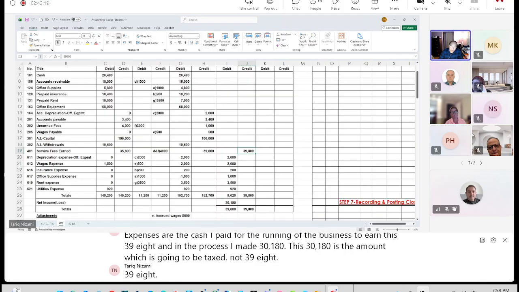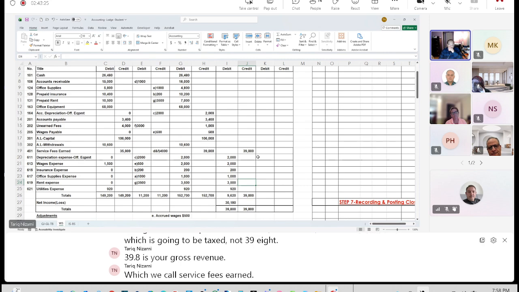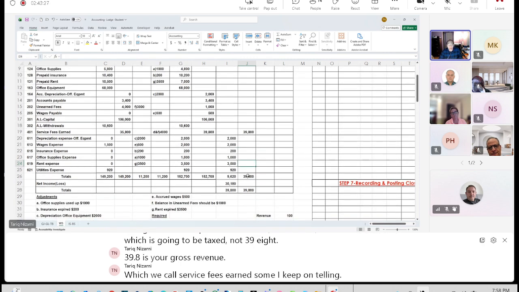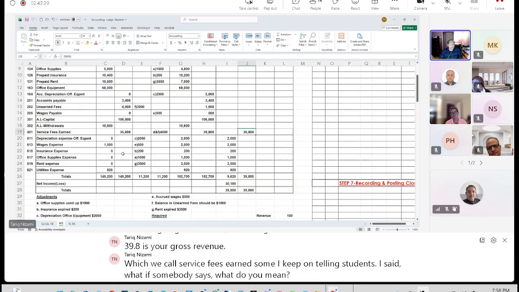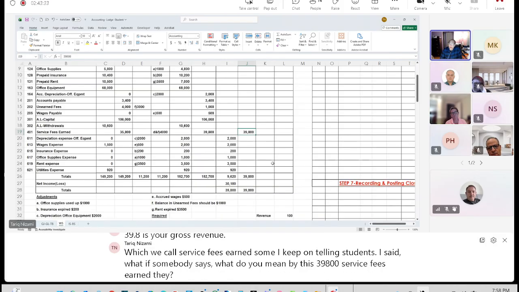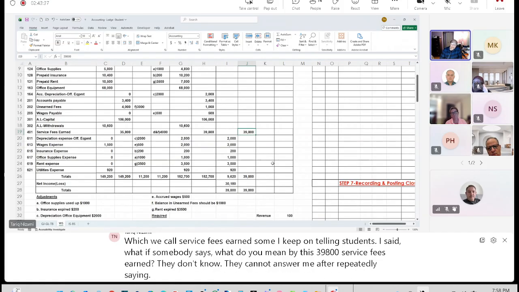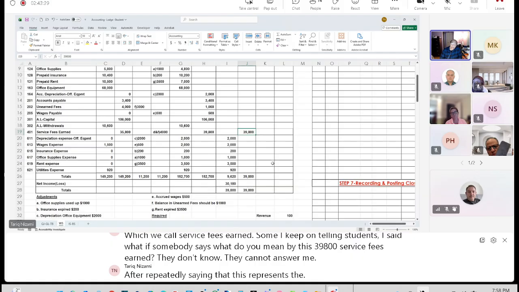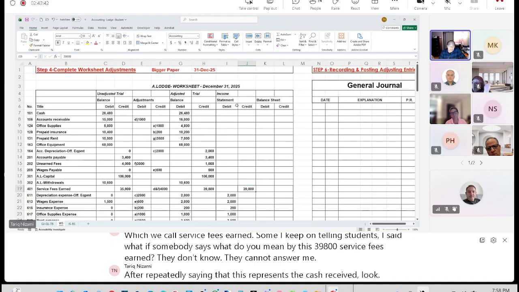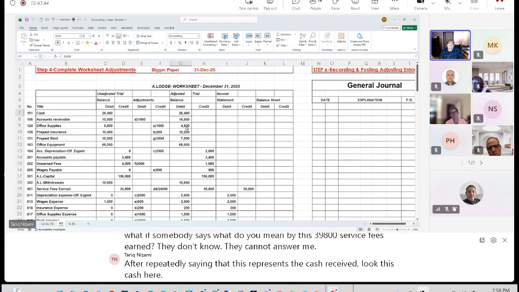39,800 is your gross revenue, which we call service fees earned. I keep on telling students, what if somebody asks what you mean by this 39,800 service fees earned? They cannot answer me. After repeatedly saying that this represents the cash received, look, this cash here does not tell me my profit or loss.